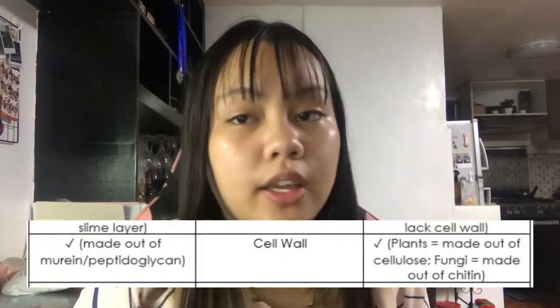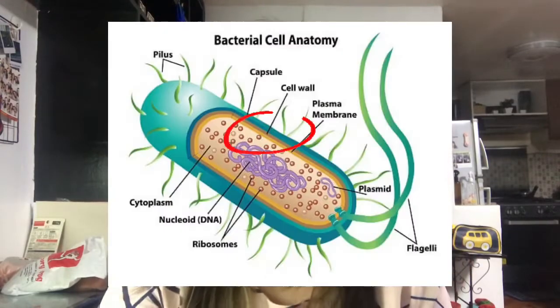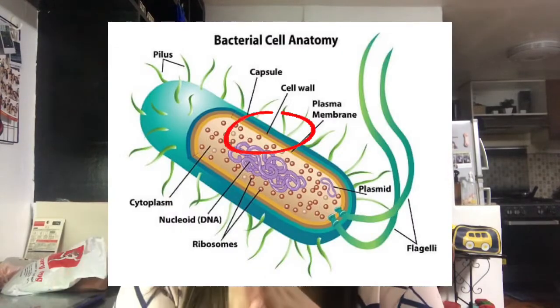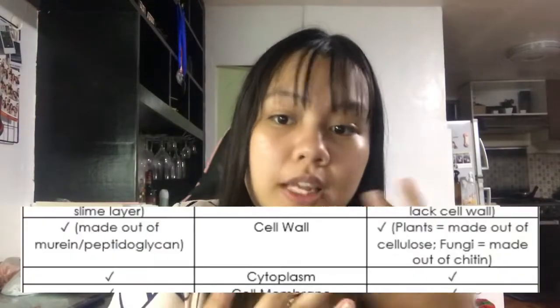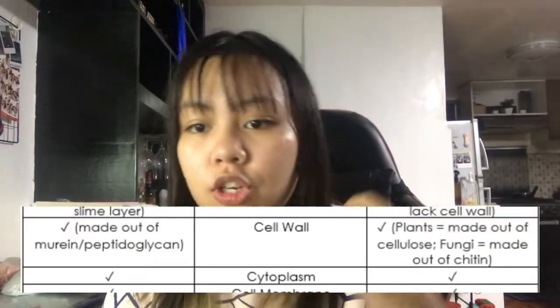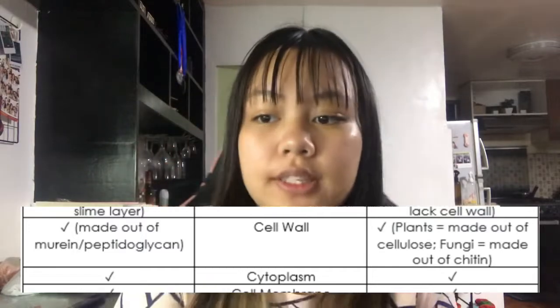This also has a cell wall, which is made out of peptidoglycan and/or murein. This surrounds the plasma membrane, and this provides strength and protection against mechanical and osmotic stress.